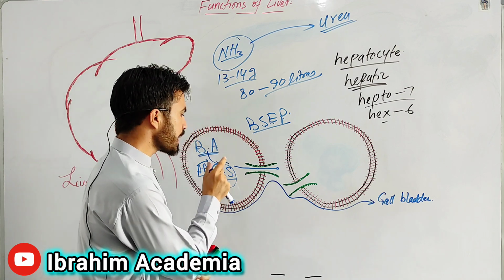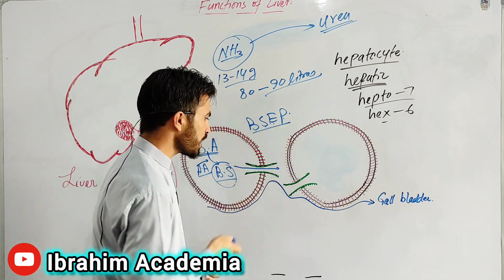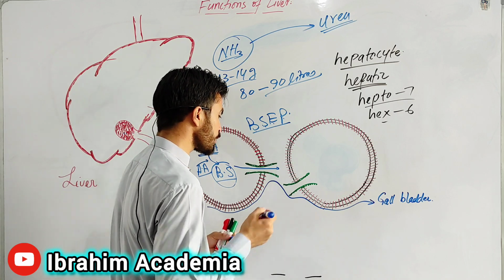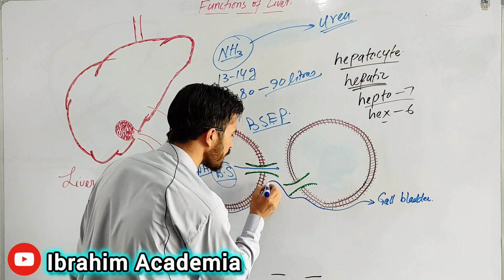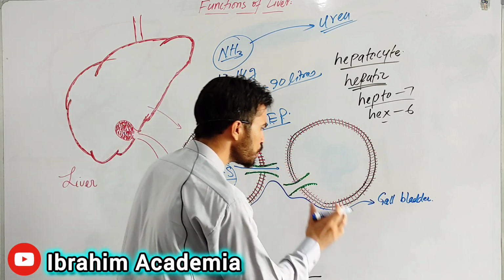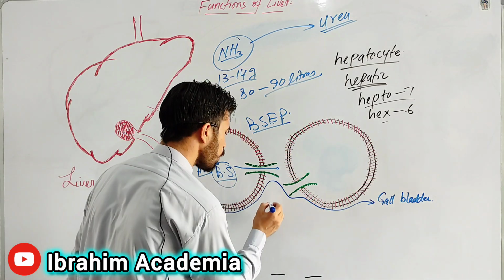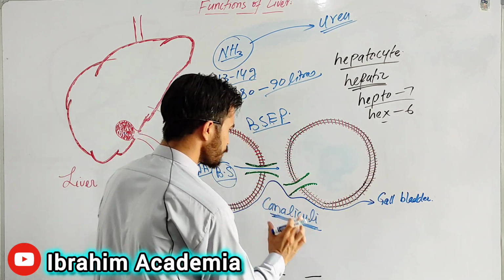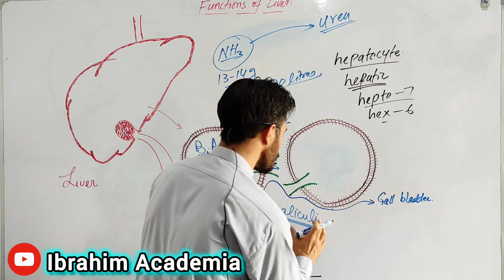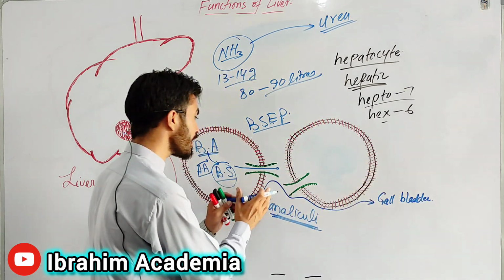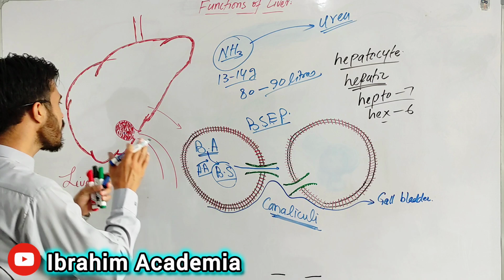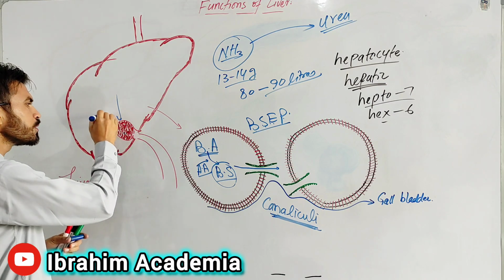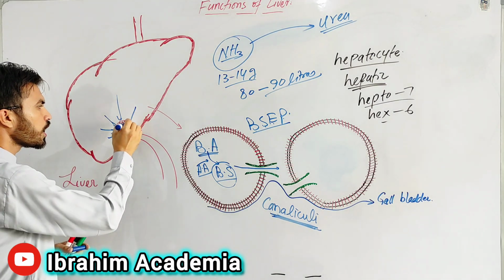Where does this bile salt go? There are small, minute, microscopic channels around each hepatocyte which are called canaliculi. The bile salt diffuses into the canaliculi, and these microscopic channels then drain the bile salt towards the main ducts, and those main ducts finally come to the gallbladder.